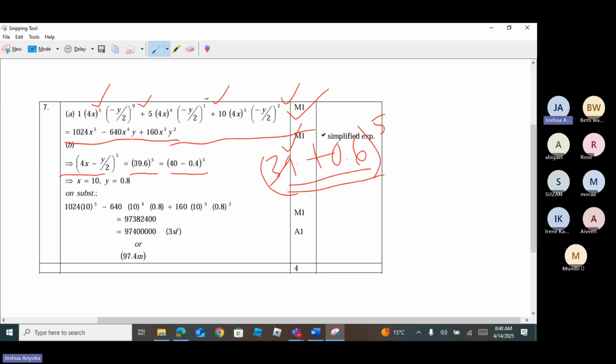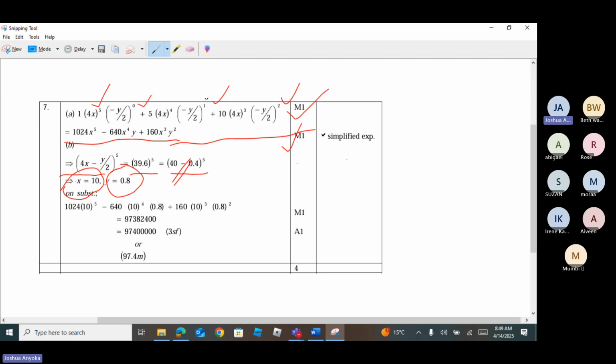So we try to make this figure in a way that it is easily multiplied, that is 40. Then we subtract 0.4. Something must inform you that this number can be easily raised to a power. Then we evaluate. I hope you did see how we found x equals 4 and y equals 0.8.